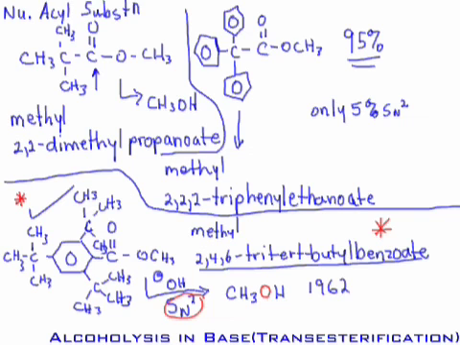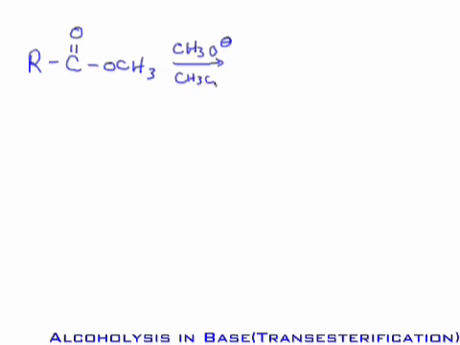Now first, this may seem a bit silly because if I draw a simple ester, and I react it with the alcohol and base, so I use methoxide and methanol, I get ester.